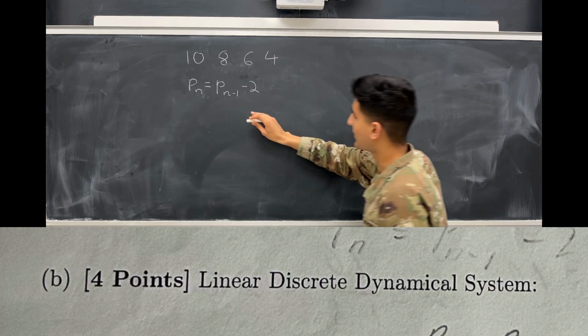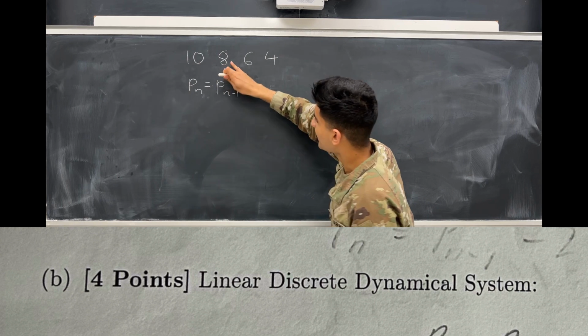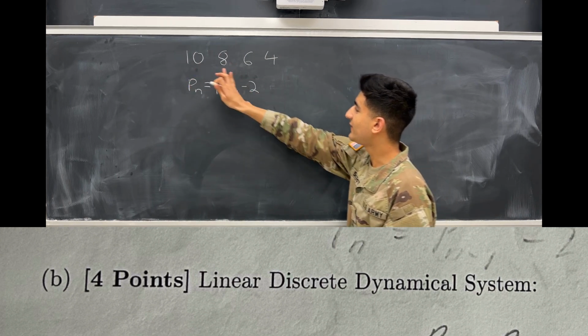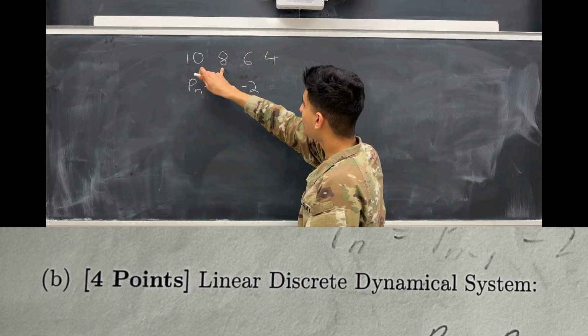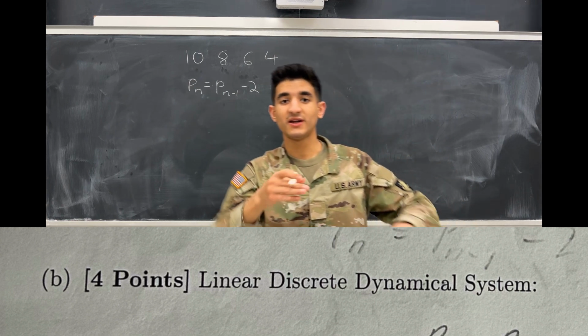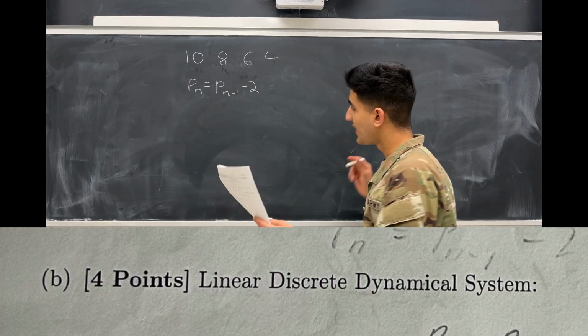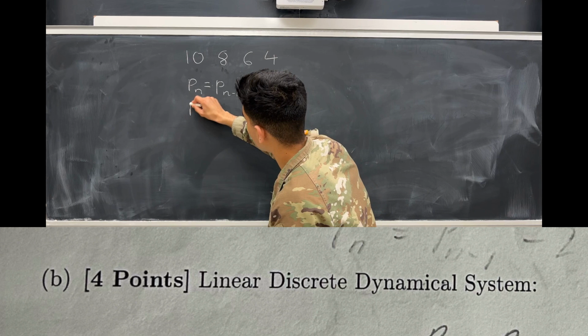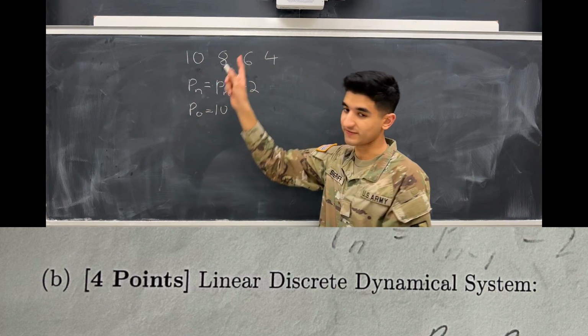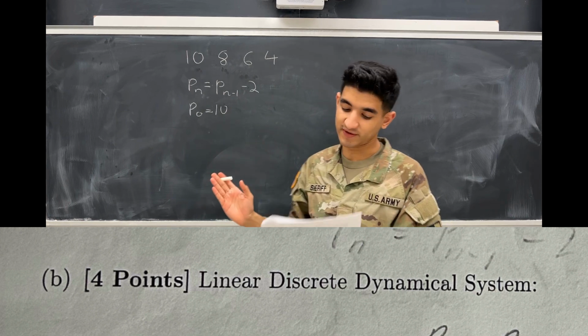If we think about it, the next value is going to equal the previous value minus 2. 8 is going to equal 10 minus 2. So that's where we're doing the previous value subtraction. And now we just need our initial value, which is p sub 0. I'm going to put in 10 because that's what I started my sequence at. You put in whatever you started your sequence at.